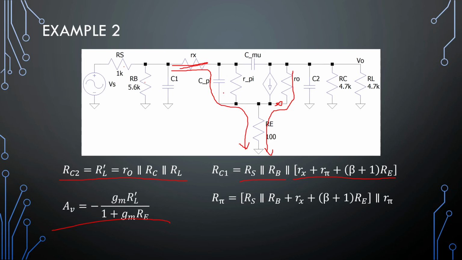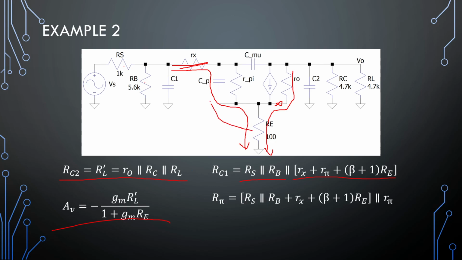Okay, in C pi's case, what it's seeing in parallel directly with it is R pi. So R pi will typically be the dominant part over here, but what is C pi seeing in parallel with itself is Re times beta plus 1, plus Rx, plus this parallel combination over here.